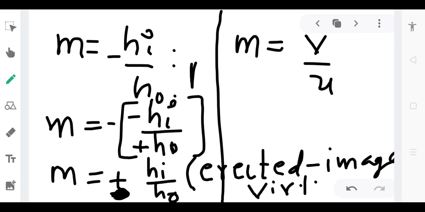So according to our assumption, the result we got is this: we assumed M equals minus HI by HO, for a particular case of the object position, and for those image height and object height we substituted the sign convention. Finally we got an M value that is positive. M positive theoretically means that the image is erect and virtual.